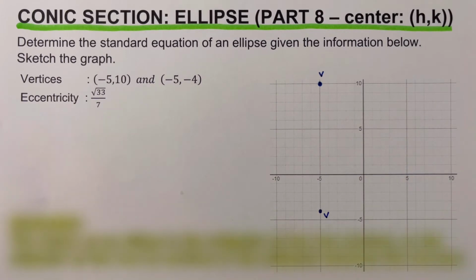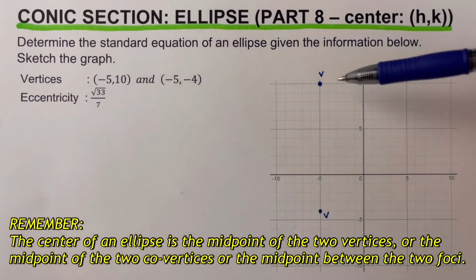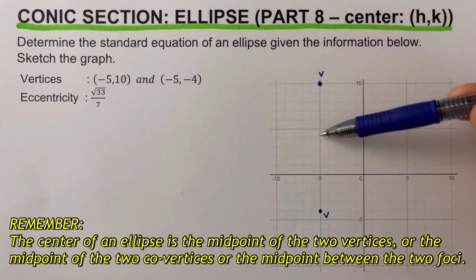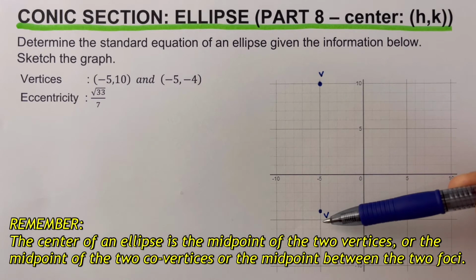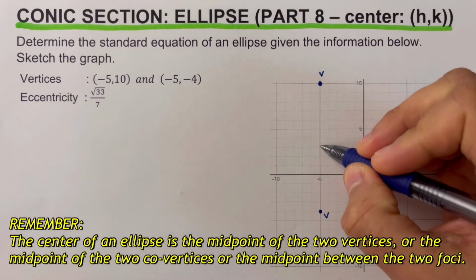Now, we remember that the center of an ellipse is the midpoint between the two vertices, or the midpoint between the two co-vertices, or the midpoint between the two foci. So in this case right here, we can determine the center, or the midpoint between these two points, and that should be this point right here. So this is the center of this ellipse.